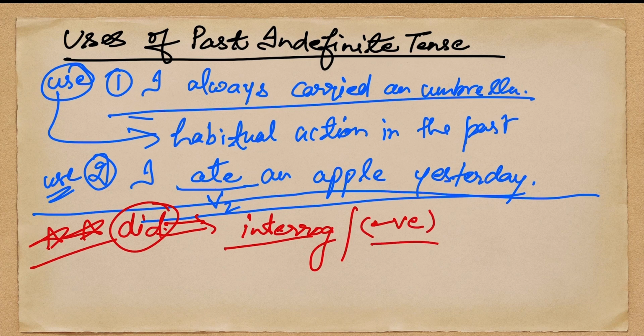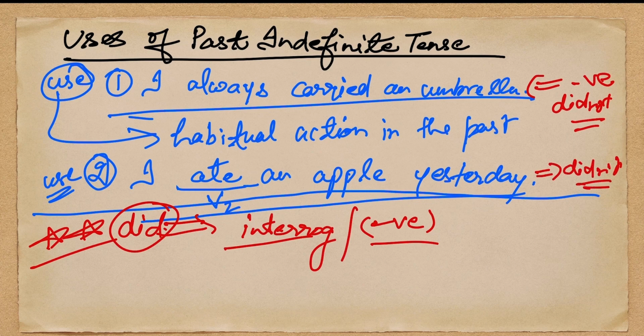So how can it be changed into negative? We use did and not. Did and not, did not. Both are used simultaneously.